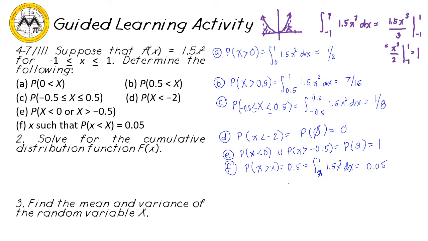So this is equal to x cubed over 2 from x to 1 equal to 0.05. So that would be equal to 1 half minus x cubed over 2 equal to 0.05, and solving for x here, so we have 1 minus x cubed is equal to 0.1.